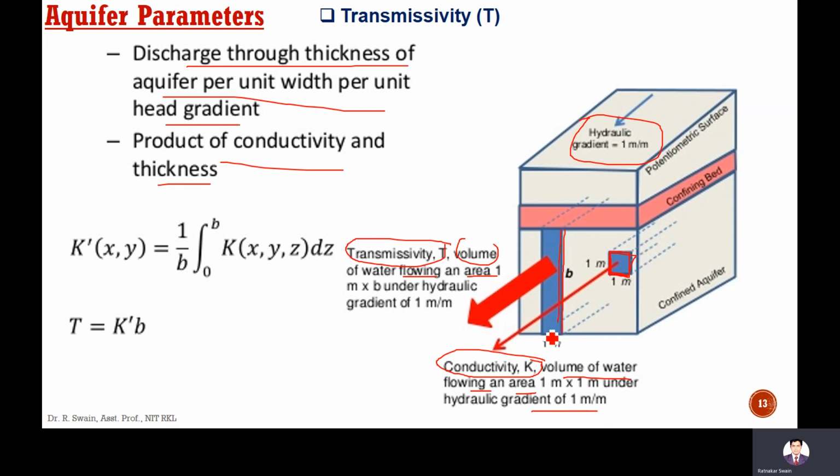For the whole thickness, under unit width, let B be the thickness. The discharge flowing through this B thickness is called transmissivity.